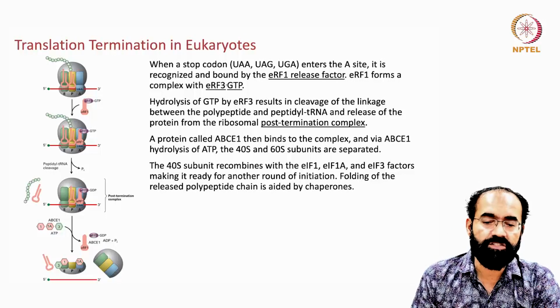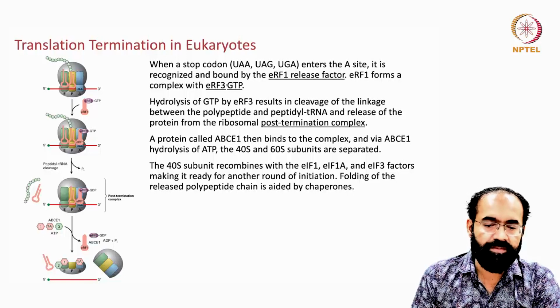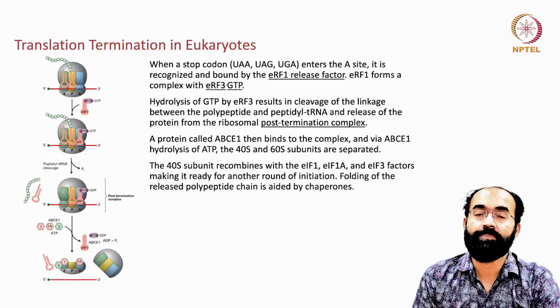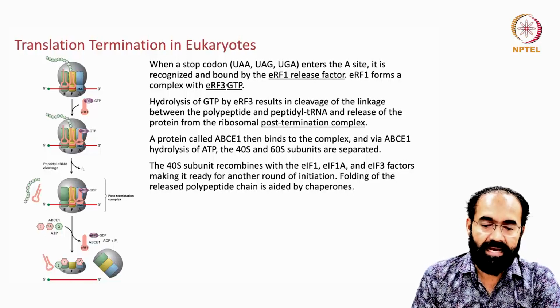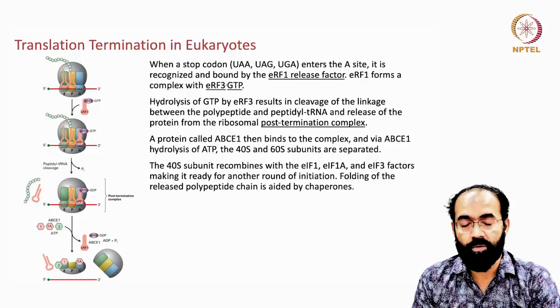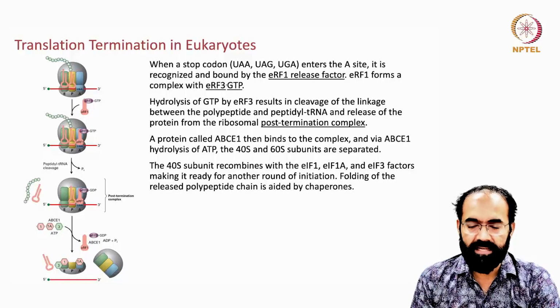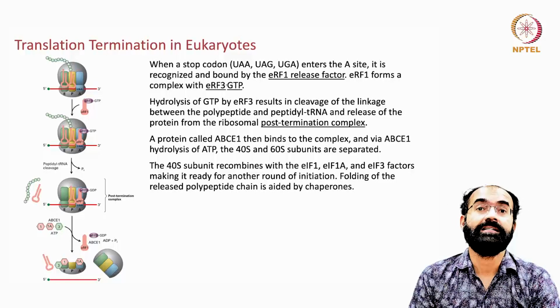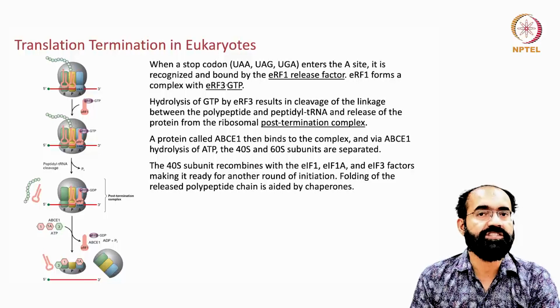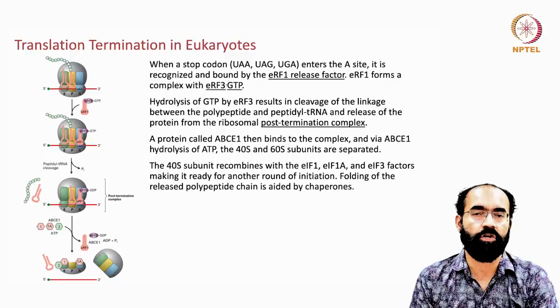The hydrolysis of GTP by eRF3 results in cleavage of the linkage between the polypeptide and peptidyl tRNA and release of the protein from the ribosomal post-termination complex. So the presence of eRF1 and eRF3 is essential for termination, without which, like we have seen in many cases, if an mRNA does not have the stop codon, what will it do?